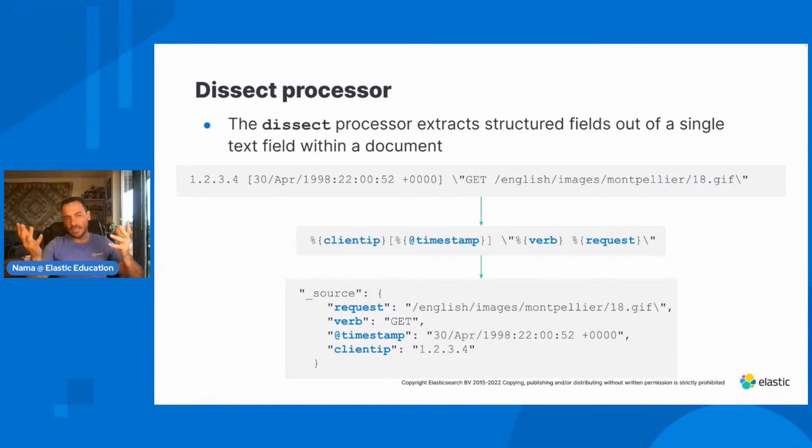The dissect processor has a pattern that we can create that parses out the specific value in that location of the text and assigns it to the specific field that we want. Now we have new, clean, easy to use source content that has each of the fields and their appropriate values separated, so that we can use it very easily for searching and everything else.